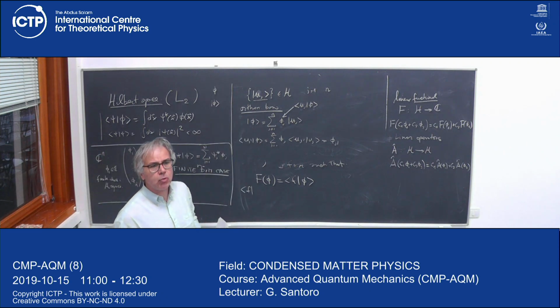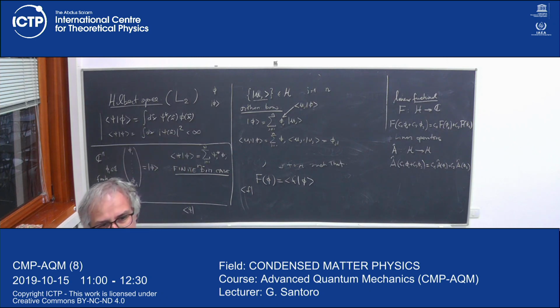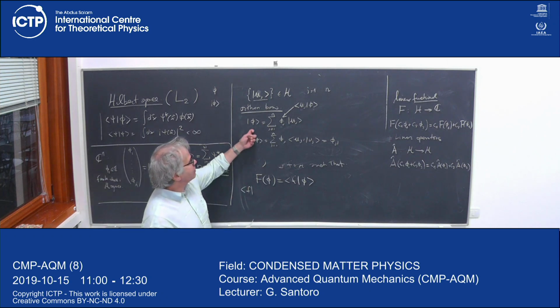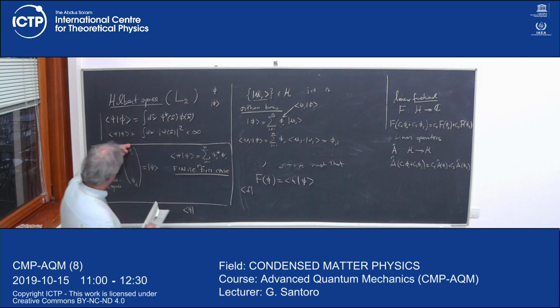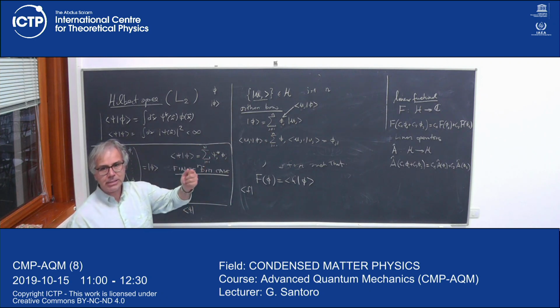Now, this is for vectors. What about linear operators? Can I still do the same trick for linear operators? In other words, can I represent linear operators in terms of something simple? Here, I represent a vector in terms of a vector of components. Linear operators, I will show in a second, can be represented as matrices.